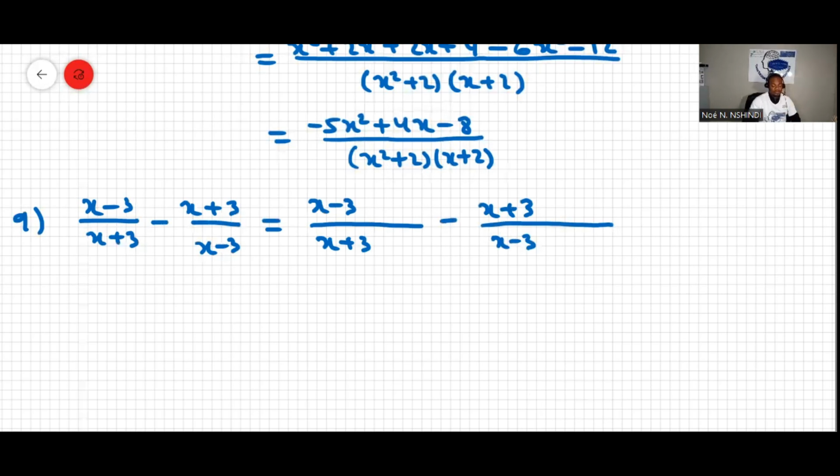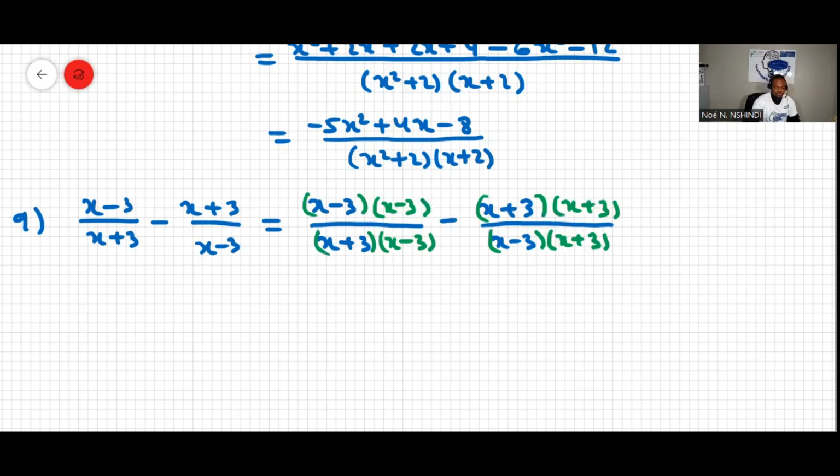Now, to find the common denominator, I must times this one by x minus 3. And then this one also, I times it by x plus 3. If I times the denominator by x minus 3, I must also times there by x minus 3. And there I times by x plus 3, I must also times there by x plus 3.